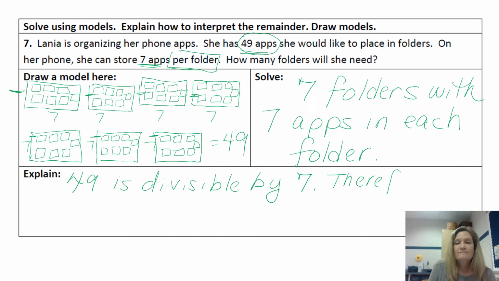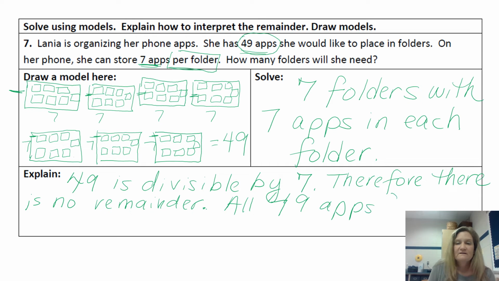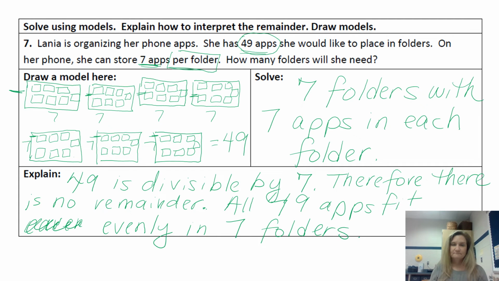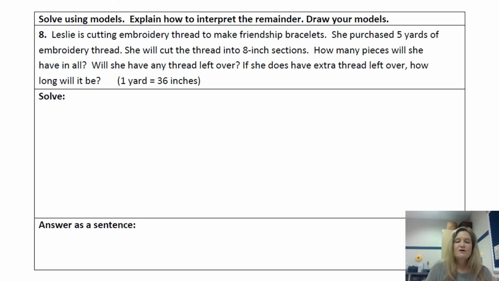Therefore, there is no remainder. All 49 apps fit evenly in 7 folders. All right, there we go.